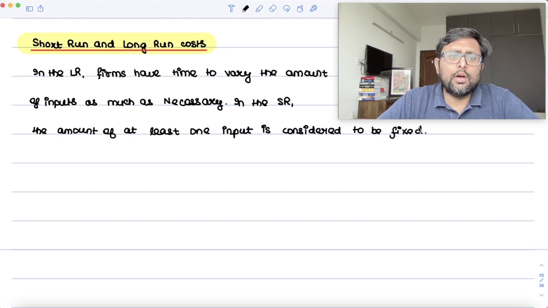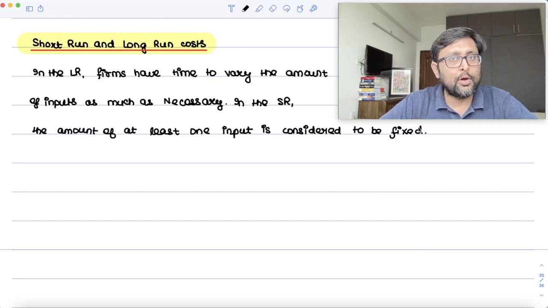For example, you may vary labor in the short run, but you may not be able to vary capital in the short run. For example, you might be working in a building, right? If you want to change a building in the short run, it is difficult.